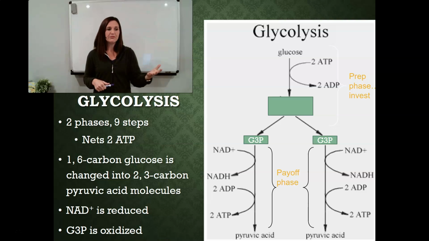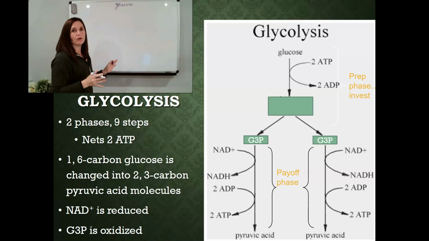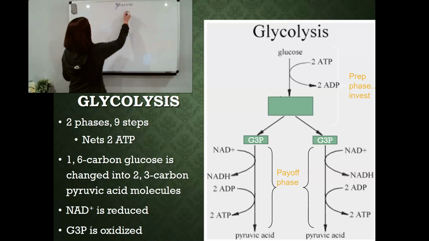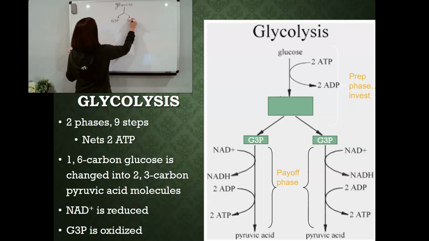In our prep phase or our investment phase, glucose gets broken into two G3P molecules. We'll start with glucose at the top. So glucose up here, and in its preparation, it gets split into two G3P molecules.